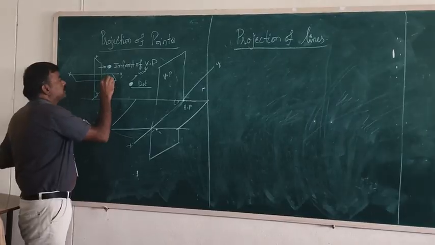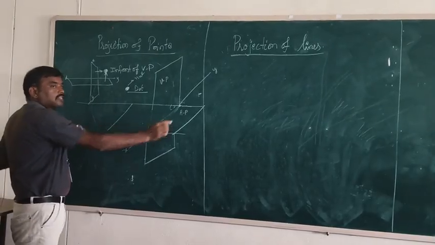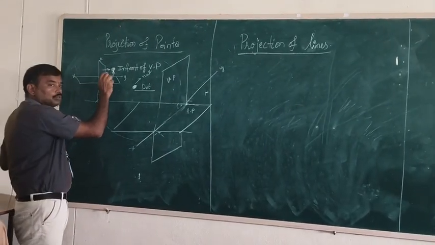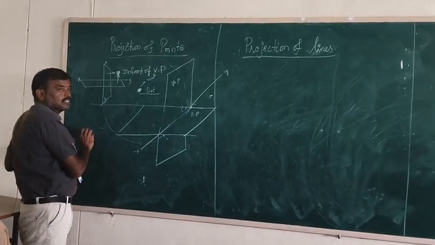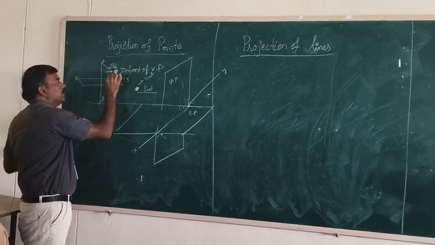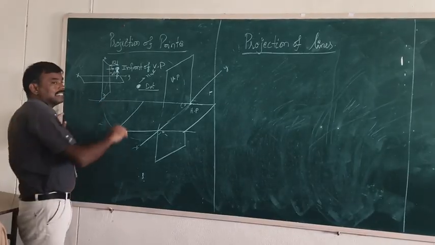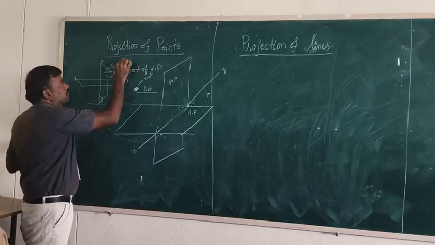Next, it is above the horizontal plane. Horizontal plane. Good. So now I can recommend the dimensions for this. Say, anywhere it is going to be located, above 20, 25, whatever it is. This is clearly called the first quadrant.